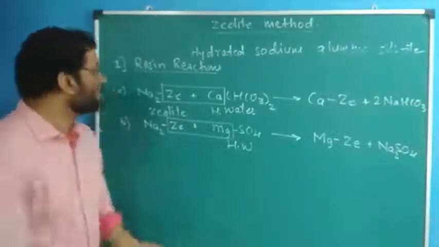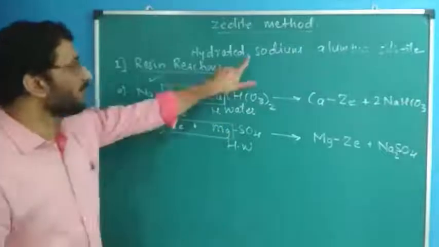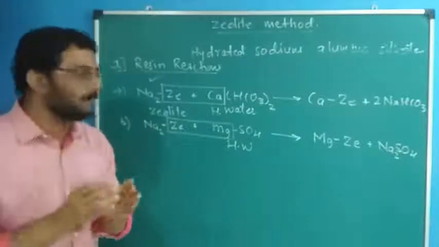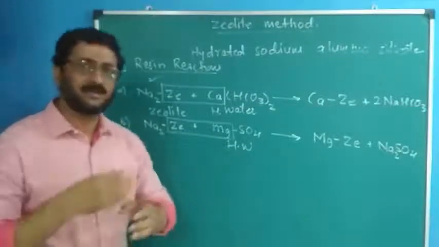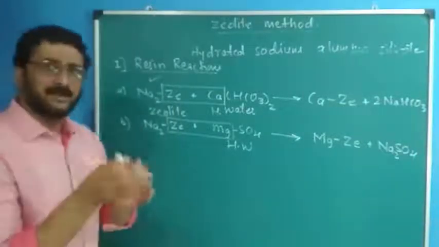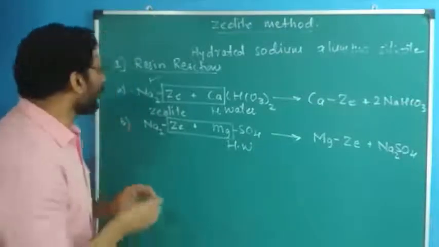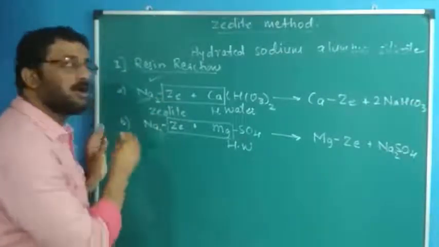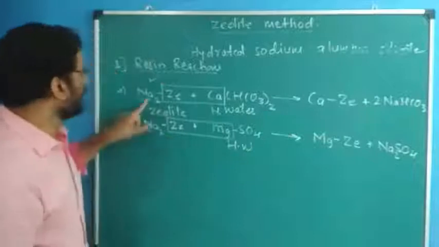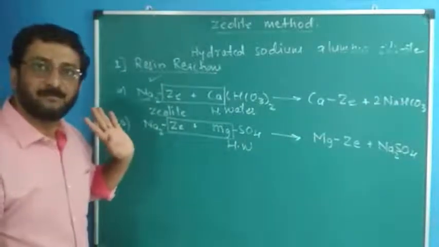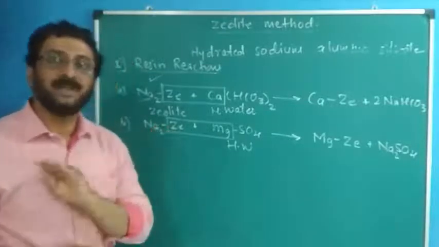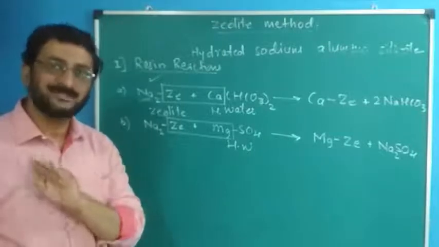Now this bed of zeolite has a certain fixed number of replaceable Na+ ions. That number may go to 1,000 ions. Let us consider 100 ions are there. When all 100 Na+ ions, or all 1000 Na+ ions, are exchanged by this or this, no Na+ ions are left with the bed. The bed is exhausted, completely utilized, or we can say saturated.